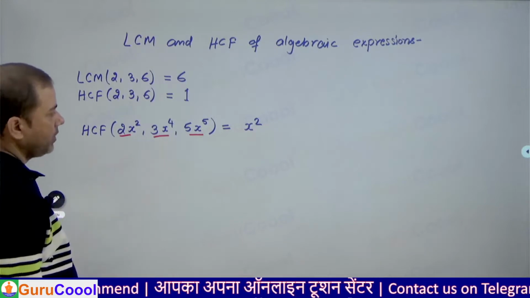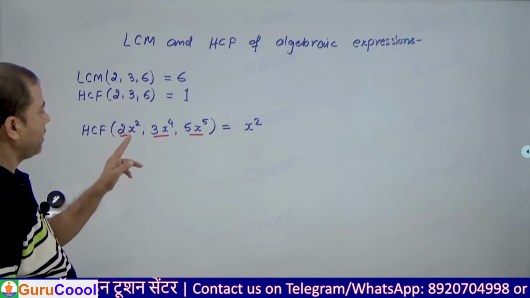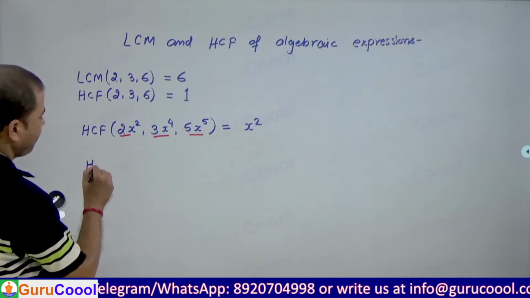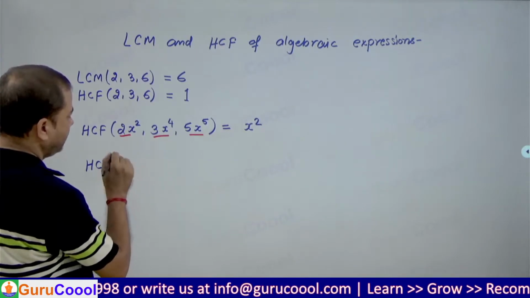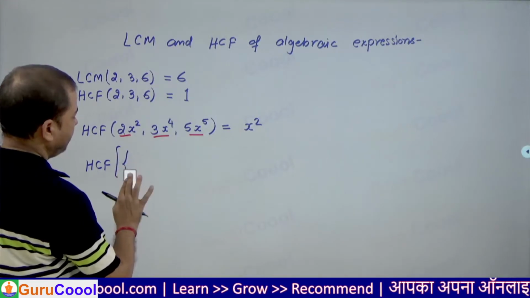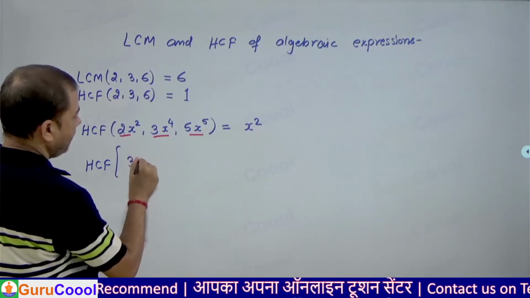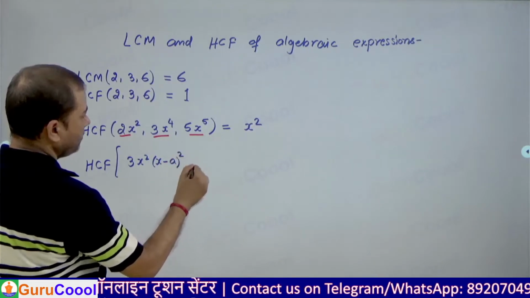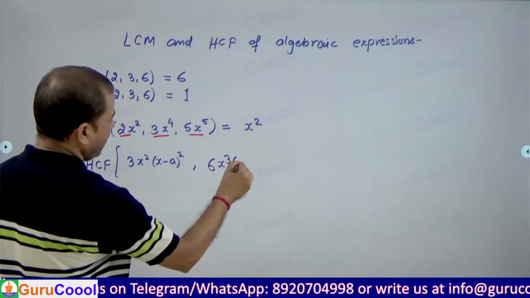So what we do is we take the HCF of numbers separately and then we take the HCF of variables separately. Now think of this. HCF of 3 times x square into x minus a whole square, and the other one is 6x cube into x minus a.